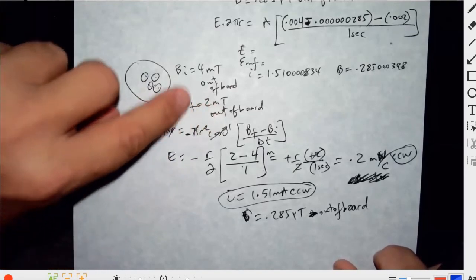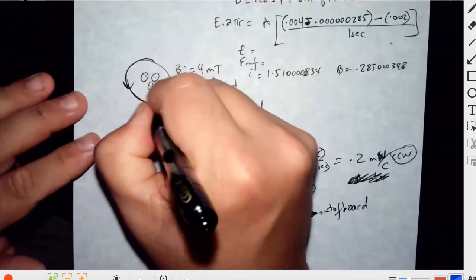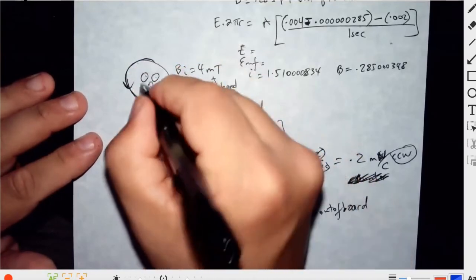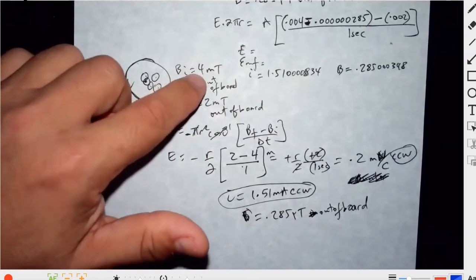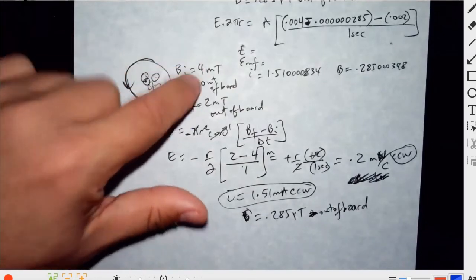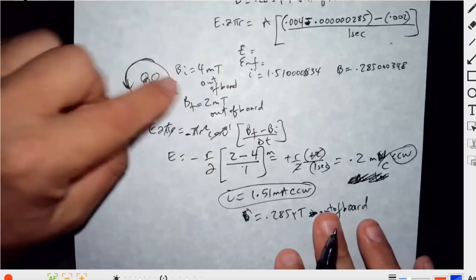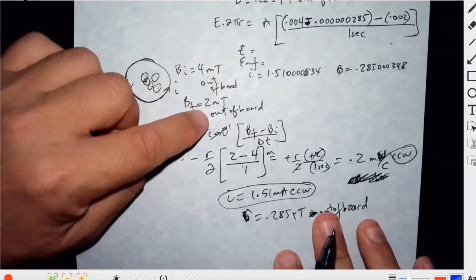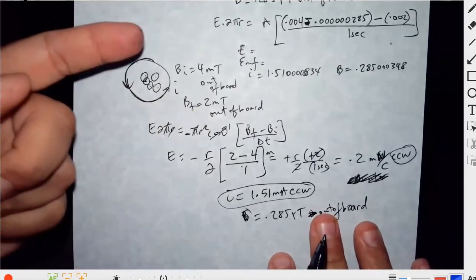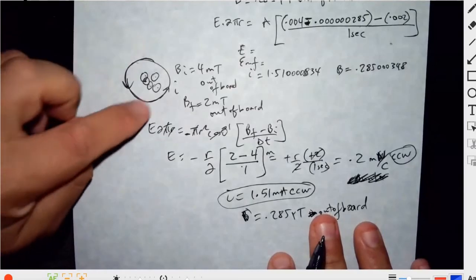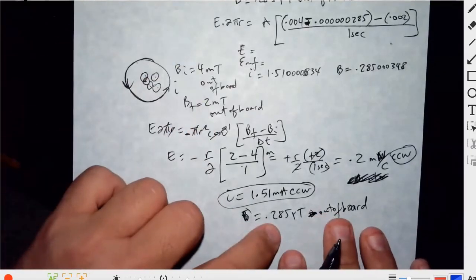So what it does is it creates a current that's this way, that itself creates a B field out of the board to help the original B, not to fight against it. You see? In the first case, the B field is getting larger and it says, oh no, I don't want it getting larger. So it fights against the B. Here it says, oh no, it's getting weaker. So it actually helps it, you see?